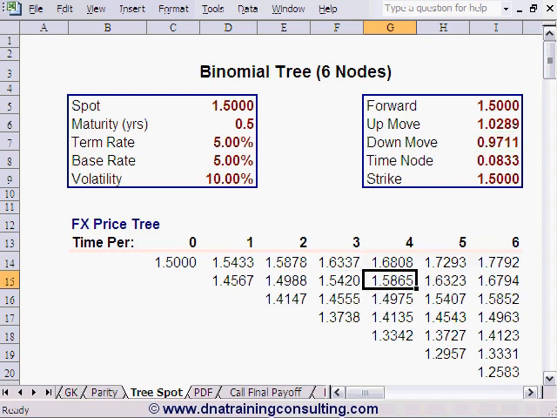So, as another example, if you are standing at cell E16, then F16 represents the value of the spot 1 period later, assuming the currency went up, whereas F17 represents that value if the currency went down.